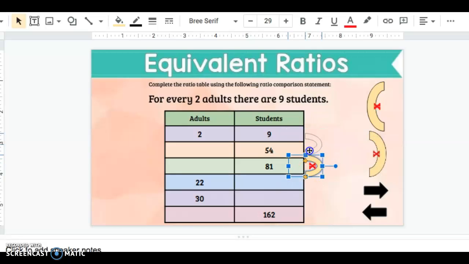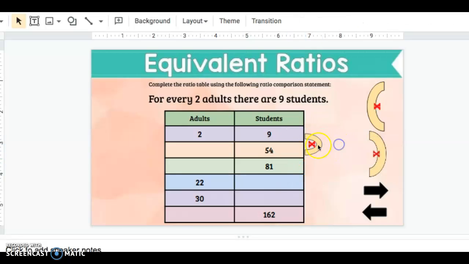If I were to move it to the 54, I would have to figure out what that pattern is. Or I could see if there's a pattern from 2 to 9.